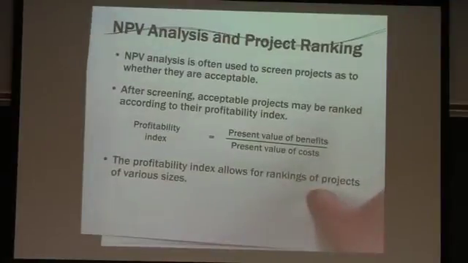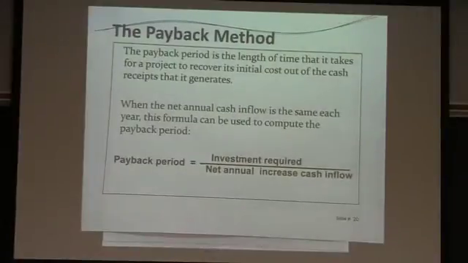Now, the other two methods: the payback is talked about in this question. And the payback, I normally would use this as a screening tool as opposed to a preference tool. It allows us to say how quickly we are able to get the investment paid off. So we're looking at cash flow.